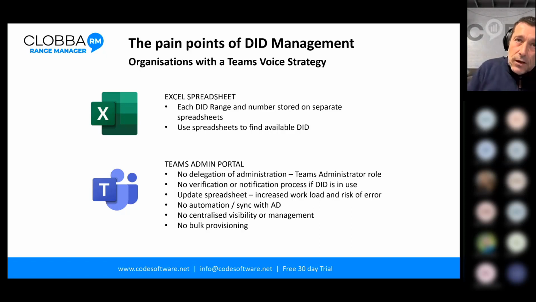So if we look at the current pain points, I suppose, associated with that management, both with Excel and, of course, if organisations are using Excel, then they have the associated Teams admin portal side of things. With spreadsheets, each DID range will effectively be stored on a separate spreadsheet, or if you like, separate tabs within the spreadsheet.